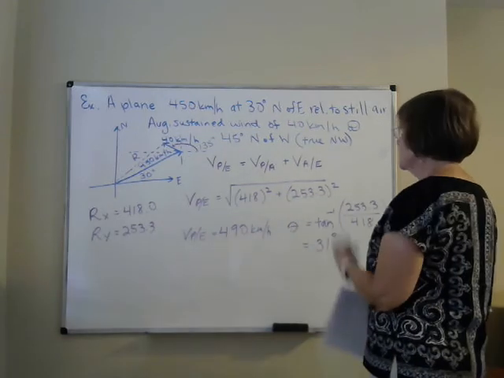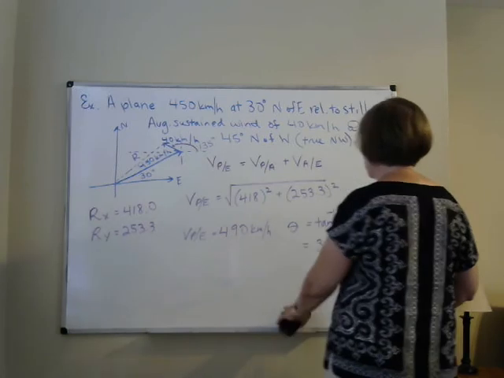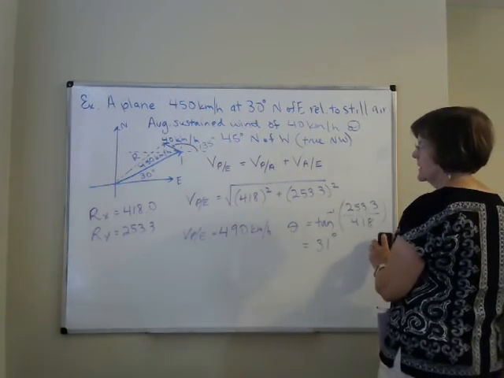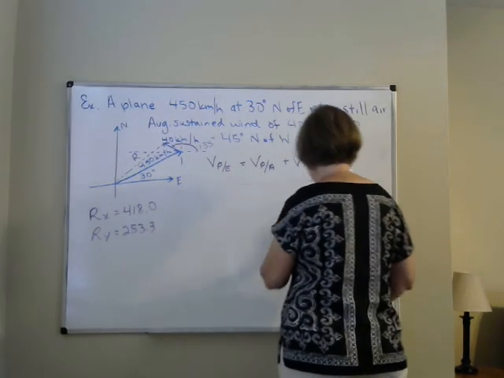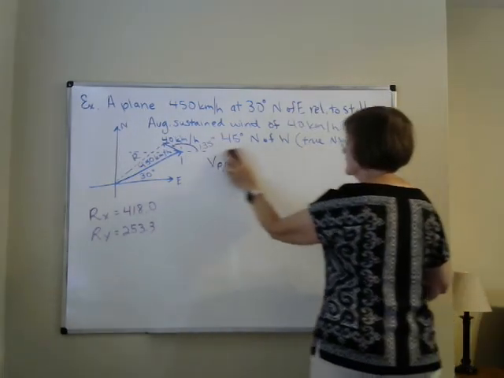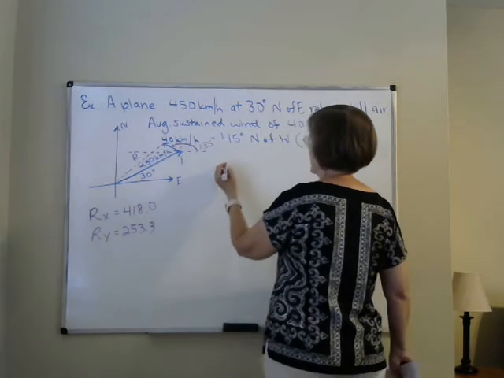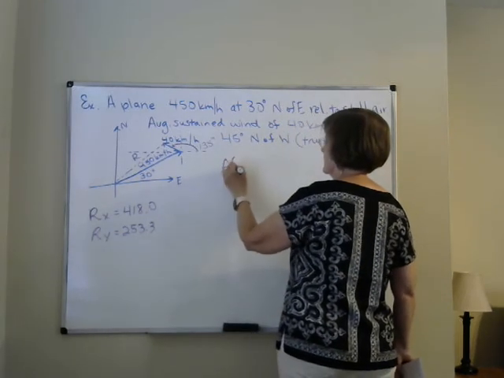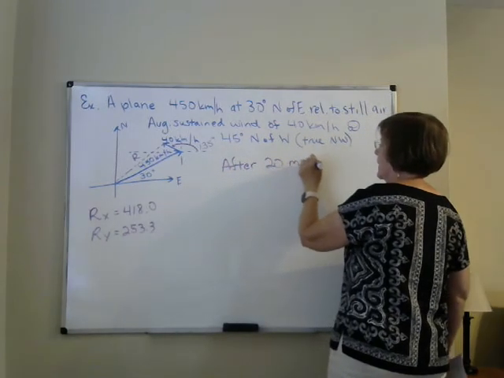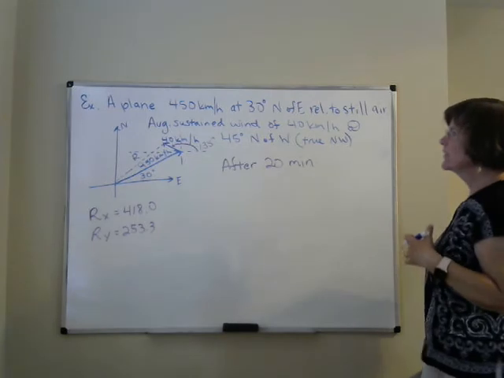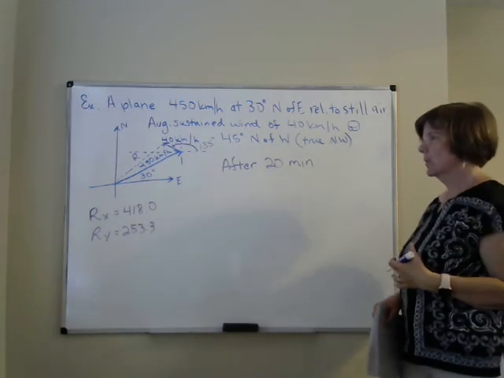In fact, we can easily calculate how far off course he'll be if he doesn't adjust for the wind. Let's see what happens after 20 minutes. Assuming that the 450 kilometers per hour at 30 degrees was his chosen course, that's where he wants to go.